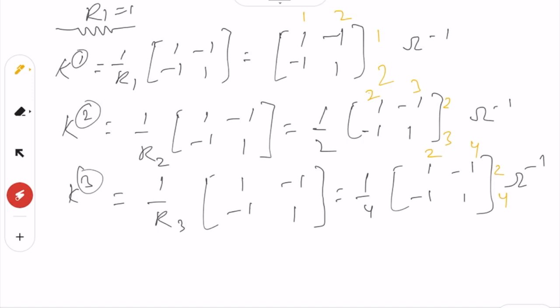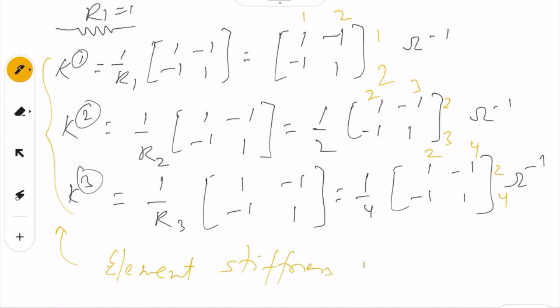Okay. So now we have to combine all these three into the big K, that is the global stiffness matrix. These are the element stiffness matrices. So we will assemble the global one next.